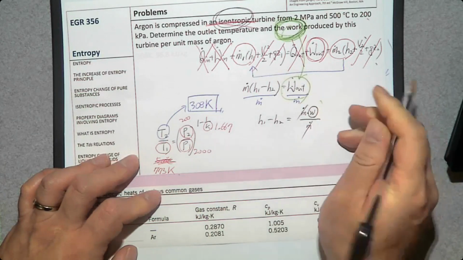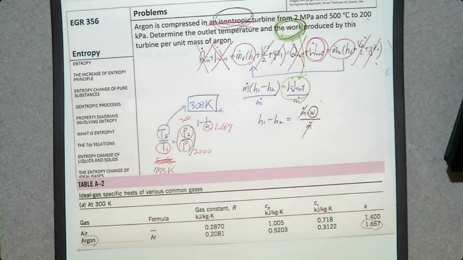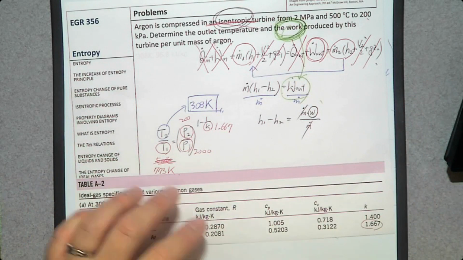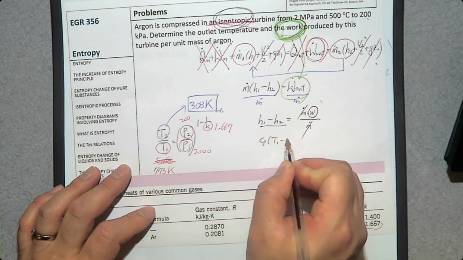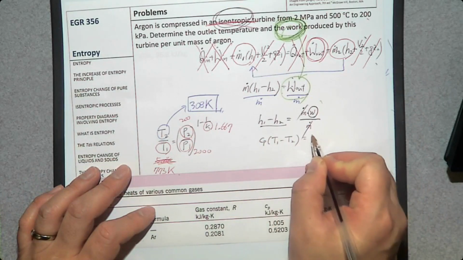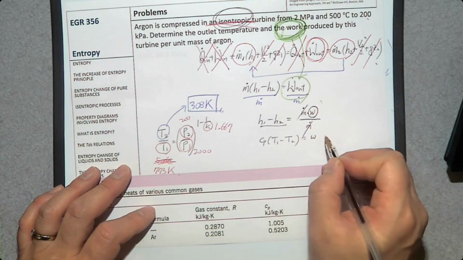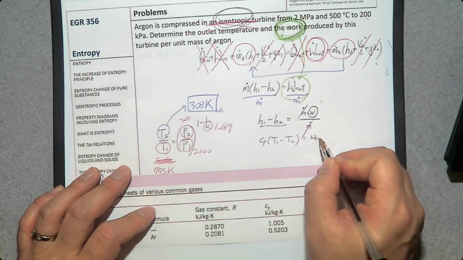We have the energy transfer by work per unit mass, which is what we want to determine. That is h1 minus h2, which is Cp times T1 minus T2, equal to lowercase w out.